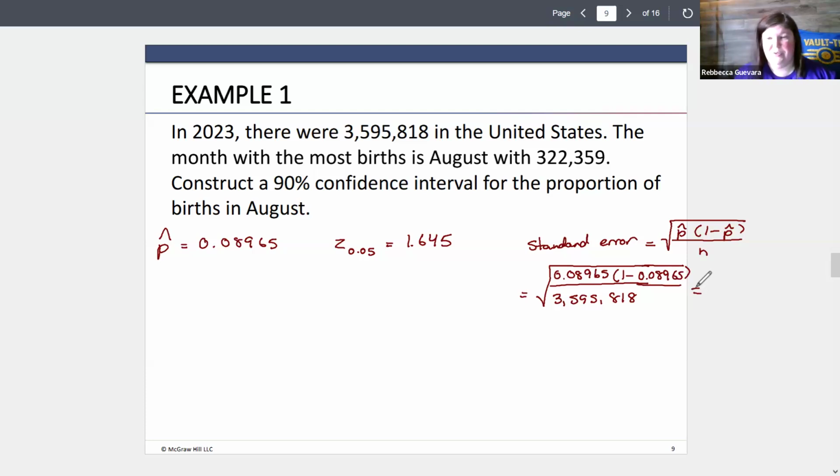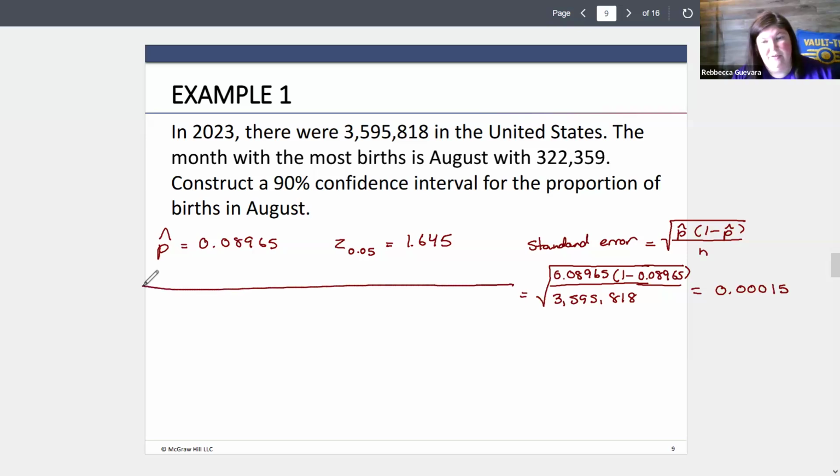Shoot, lost out my calculator, so let me do that one more time. 0.08965 times 1 minus 0.08965, divided by 3,595,818, and we do the square root. This is going to be a very small standard error, partly because that bottom is so huge. But we're going to end up with 0.00015. So we'll go out that far. So that matches with this then.